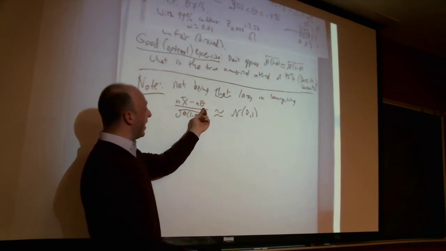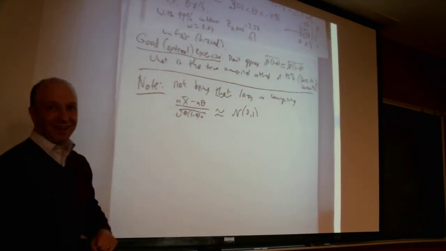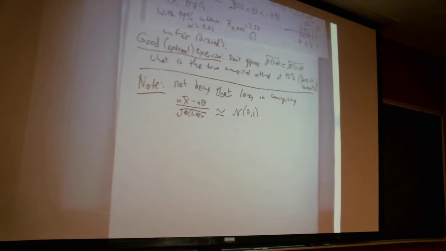So without knowing what theta is, we can't get estimates for z, theta, the binomial.